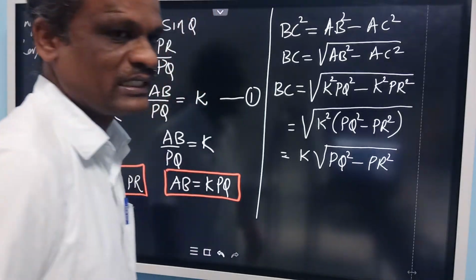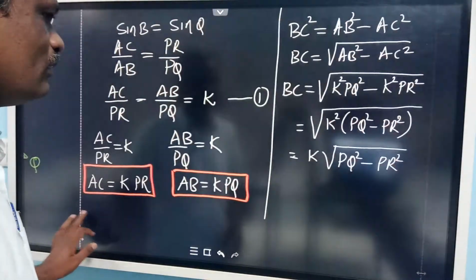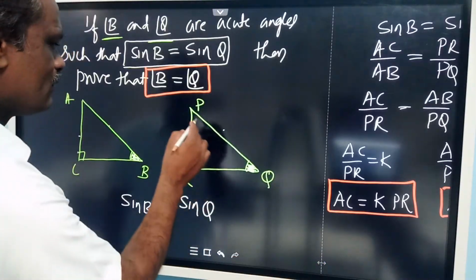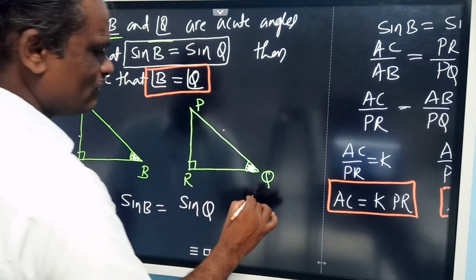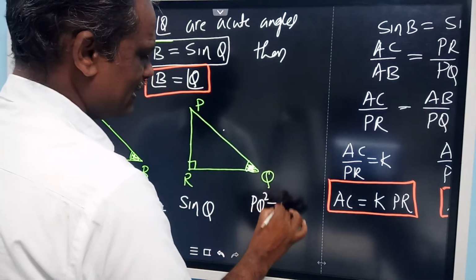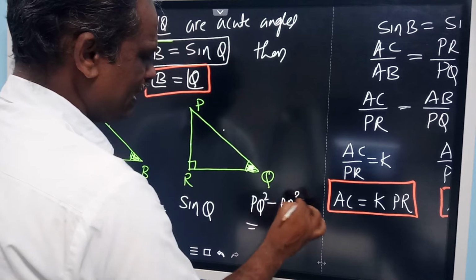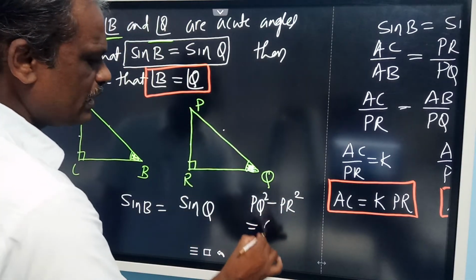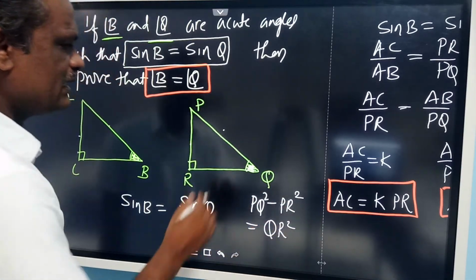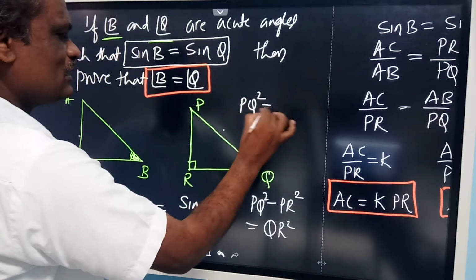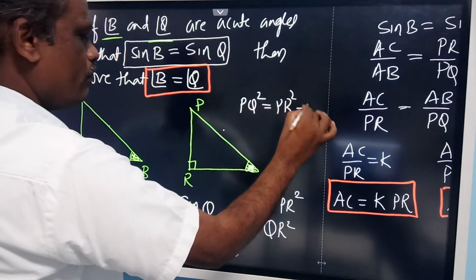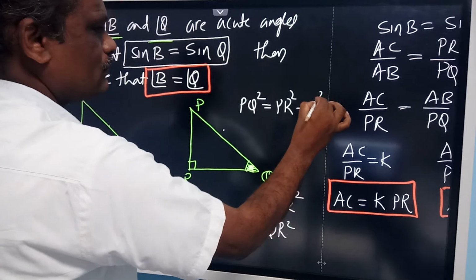This you cannot take outside. Come to this diagram: PQ square minus PR square is nothing but QR square, because we have PQ square is equal to PR square plus QR square.